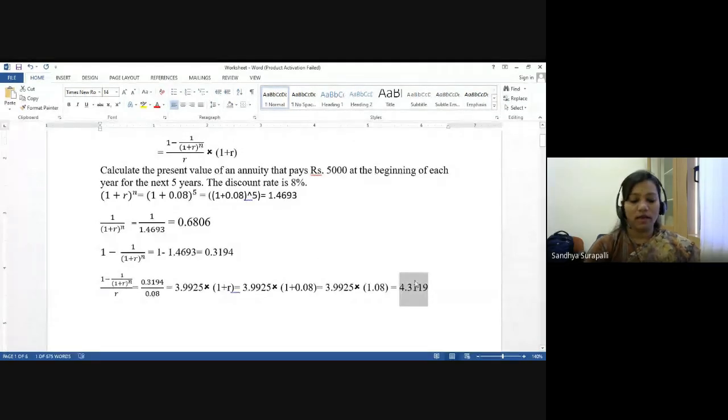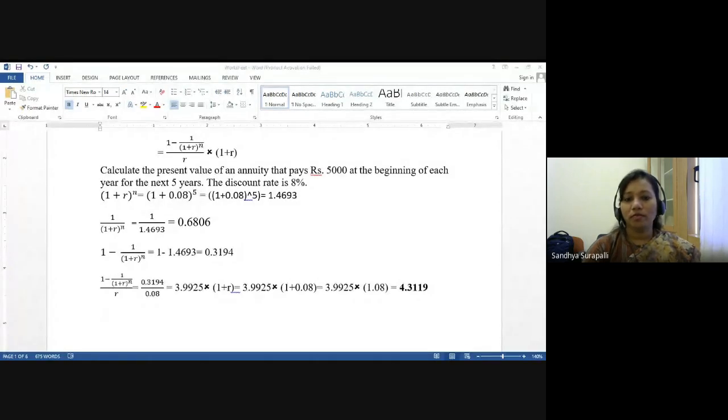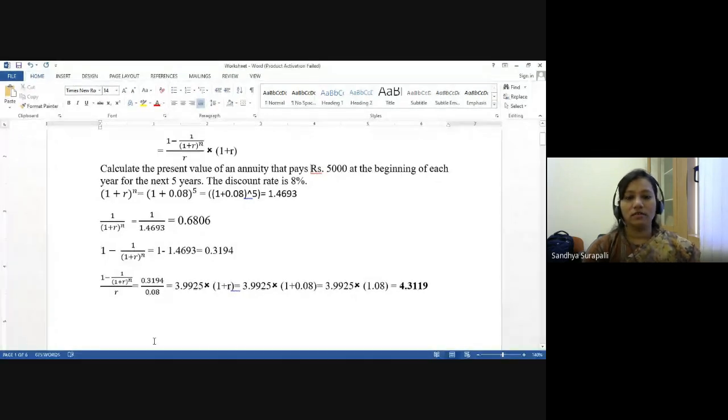We got the present value annuity factor for annuity due. This you will use to find the present value, by multiplying with the factor. Our payment is how much? 5,000, right?